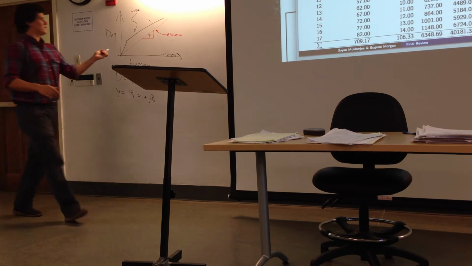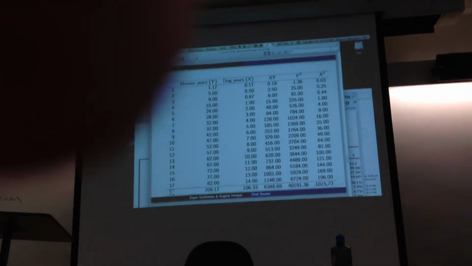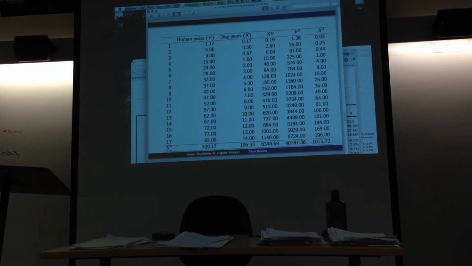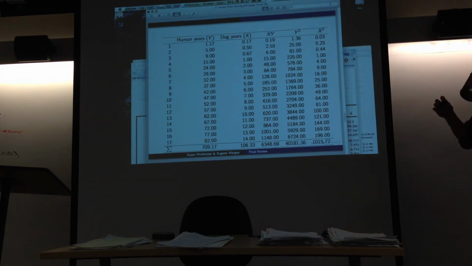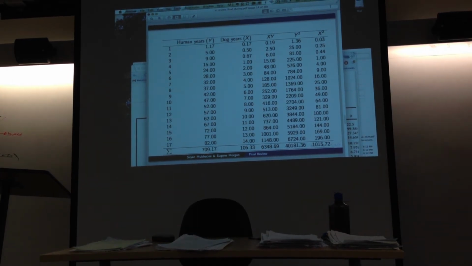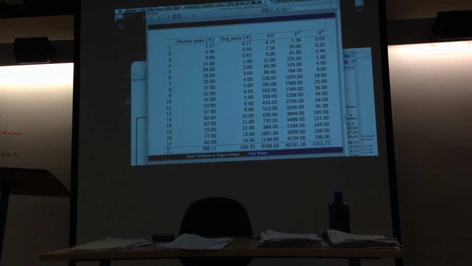So given this table, let's fit that model to this true dog data. There are a few different ways you can do it. I'll just show you one way, but there are all these different ones.